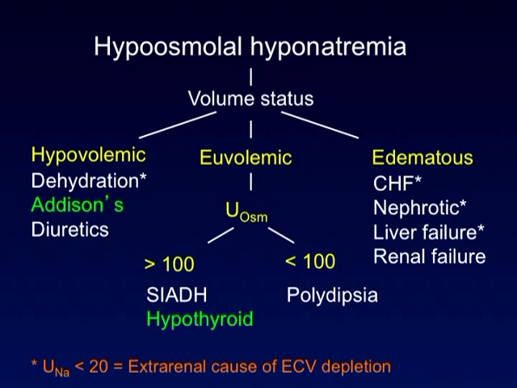They'll either be euvolemic or a little hypervolemic, in other words, they may have a trace of pitting edema at the most. In patients who are hypovolemic, the most common causes are dehydration and diuretics. Those are the two most common causes that you'll encounter both in the examination and clinically. And of course, if the patient is edematous, you think about CHF, nephrotic syndrome, and so on.